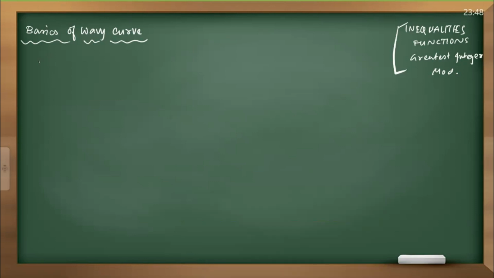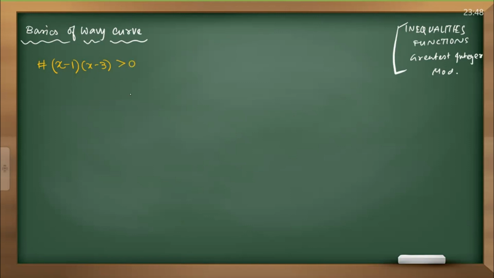Suppose a problem is given: x minus 1 into x minus 3. First we'll learn the basics, then we'll get onto the curve. First we won't draw the curve as it will cause problems for us. Therefore, at the very first point, we'll try to draw the basics.